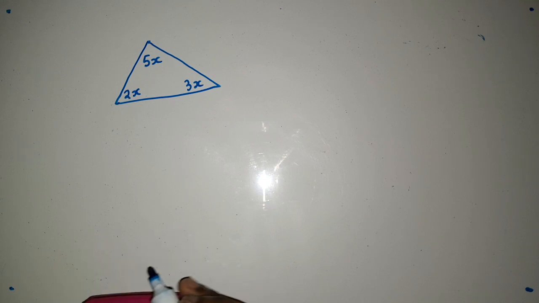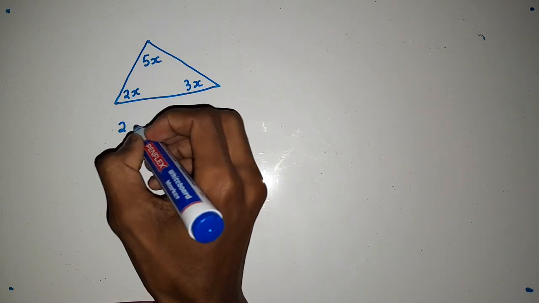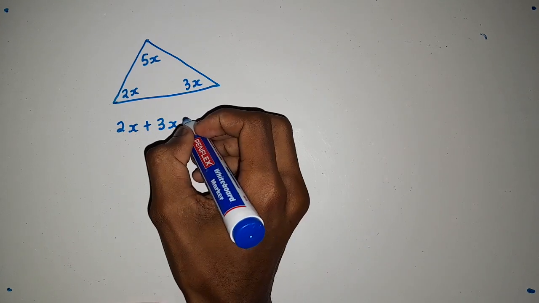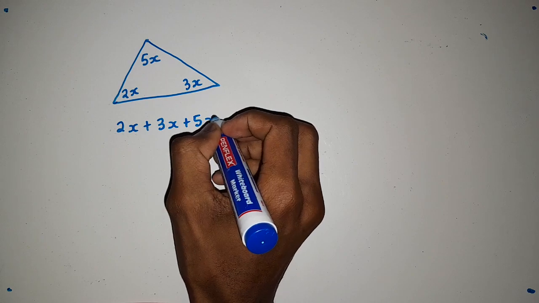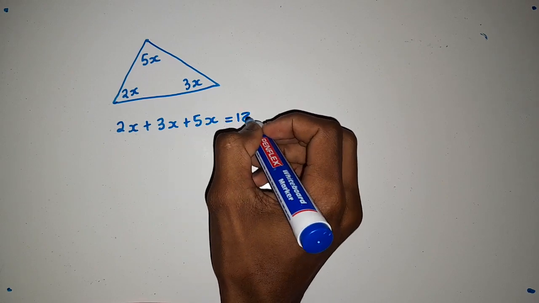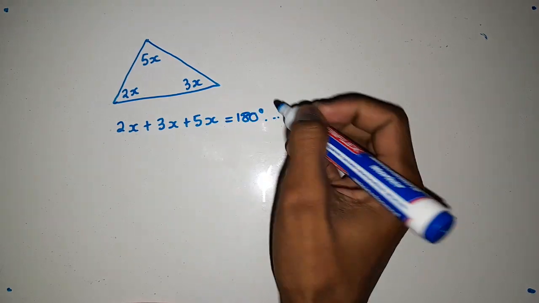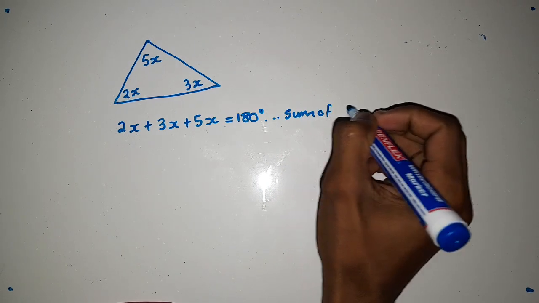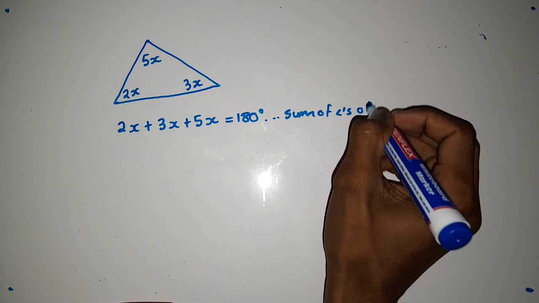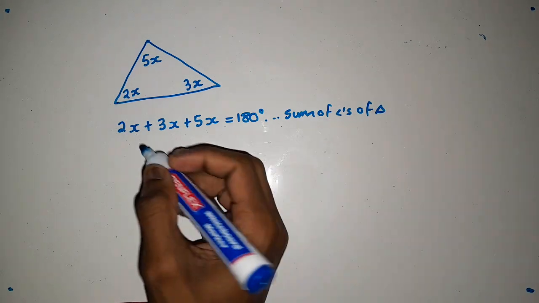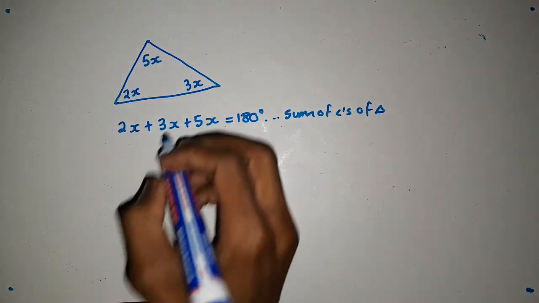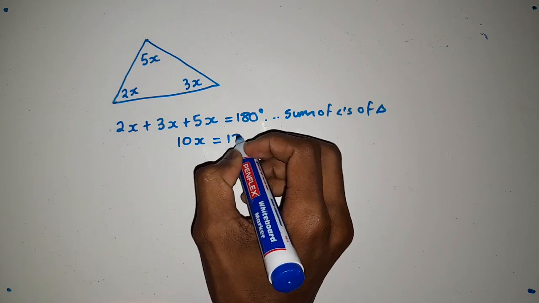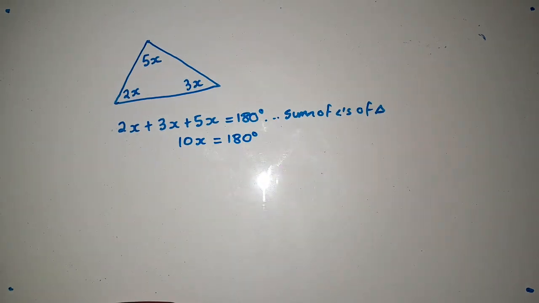You apply the same concept by saying now I have 2x plus 3x plus 5x is equal to 180, reason: the sum of angles of a triangle. Then 2 plus 3 plus 5 you get 10x is equal to 180 degrees.